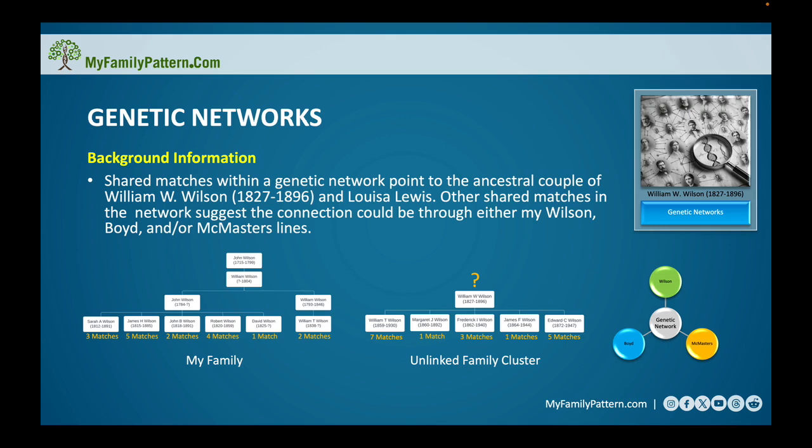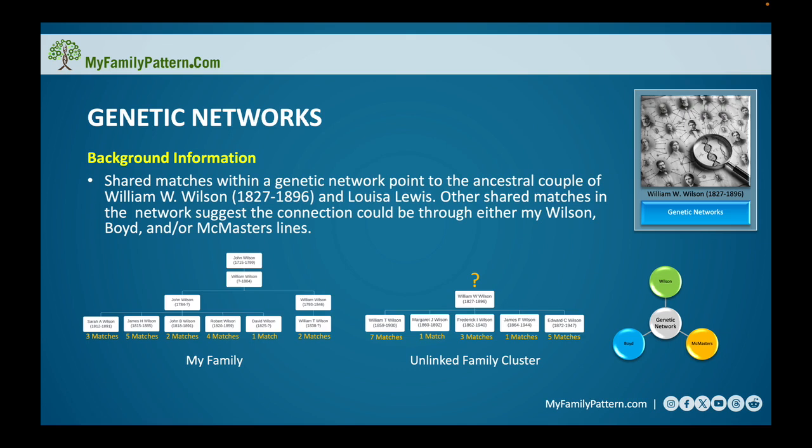This unlinked William W. Wilson and Louisa Lewis family cluster had a number of matches that descended through known children of them. So it appeared to be a Wilson match. But what I couldn't discern from this was that also as part of this cluster, there were some Boyd matches and McMaster matches.